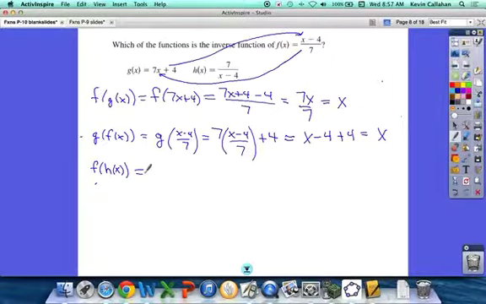That means I've got to replace the h of x with this, f of 7 over x minus 4, and then I've got to plug in that whole 7 over x minus 4 here. So in the numerator, it's 7 over x minus 4 divided by 7.